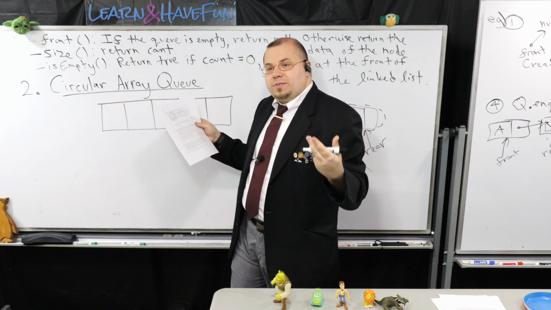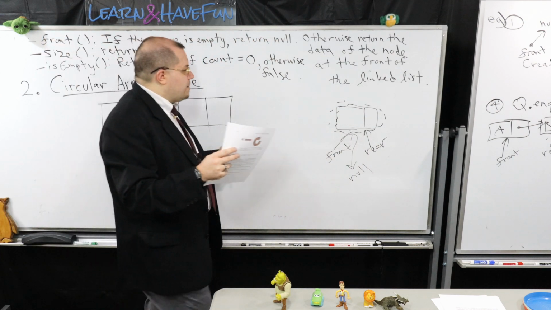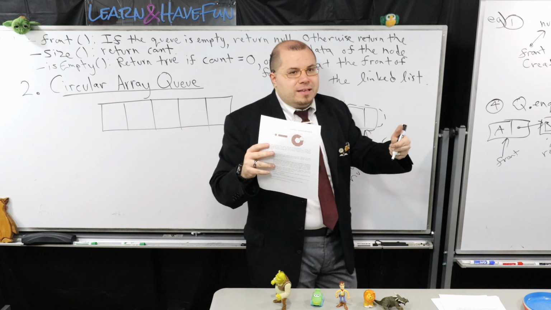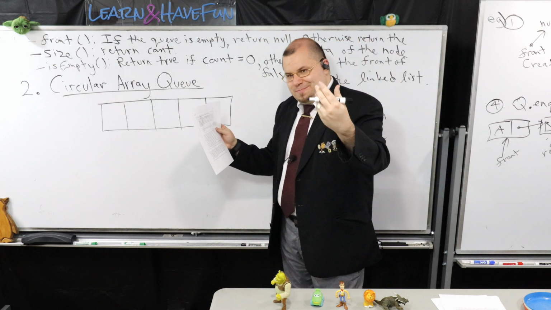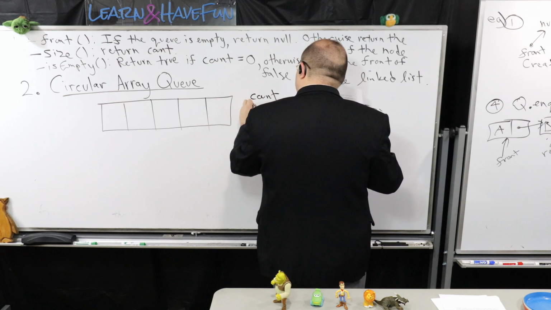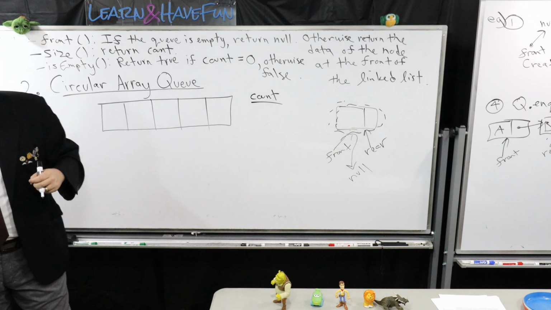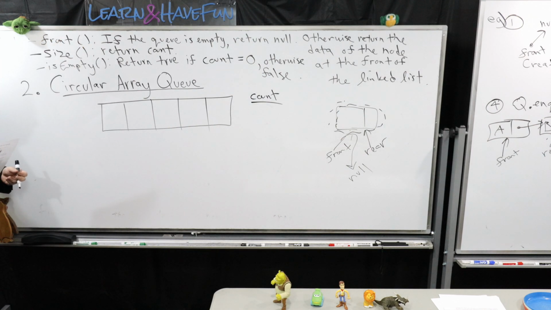For the sake of conversation, I'm just going to keep track of the number of elements with some counter variable, instead of it being 1 plus the front. So I'll have a count variable, just like my linked list based queue. This is just to keep things a little simpler for us.